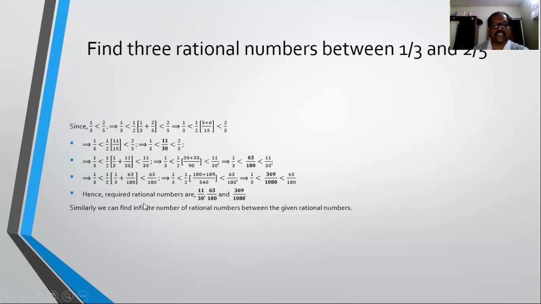In this way, the three rational numbers between the given two rational numbers are 11 by 30, 63 by 180, 369 by 1080.